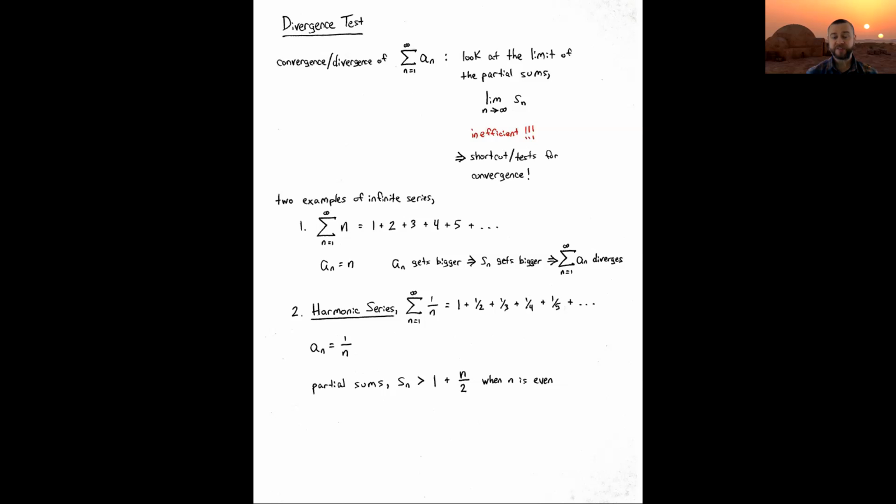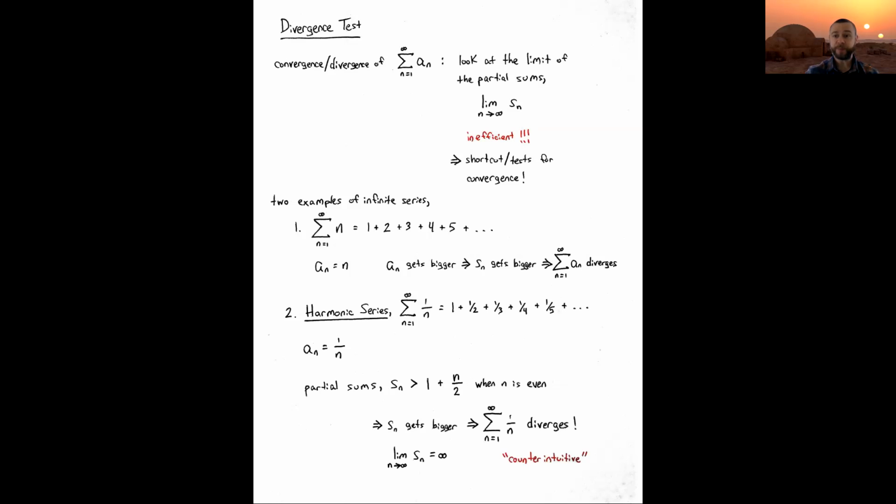And what this says is as you look at higher terms in the sequence of partial sums, they're all getting bigger. Since 1 plus n over 2, that gets bigger as n gets bigger. So what this basically says is that your sequence of partial sums, S sub n, each term gets bigger.